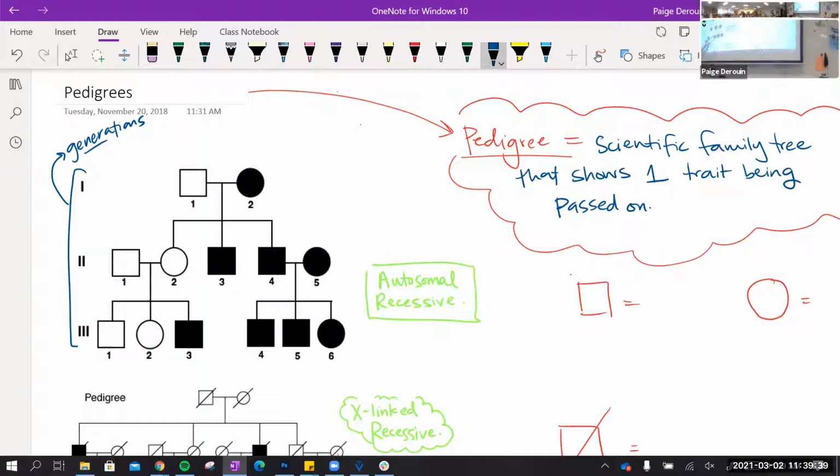Okay. So the lines that go up and down show children. So these people up at the top, we would call them person 1, 1 and person 1, 2. How many kids do they have? 3. Why do they not have 5? Yes, because person 2, 1 and person 2, 5 are married into the family.